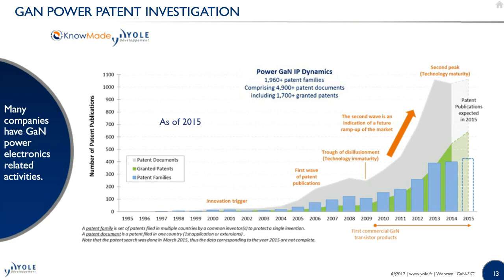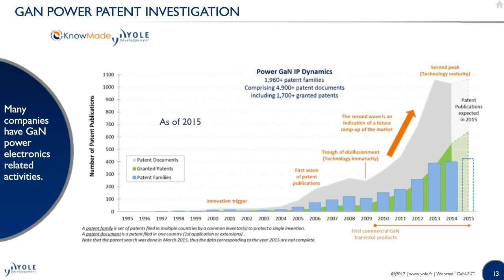The first patents were published in the mid-90s by silicon power companies, but the real takeoff of patenting activity was observed 10 years later with a first wave of patent publication over the 2005 to 2009 period. The second wave of patent publication started in 2010 when the first commercial products emerged on the market.